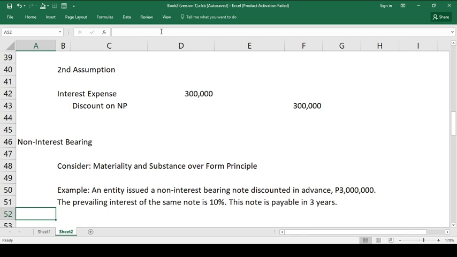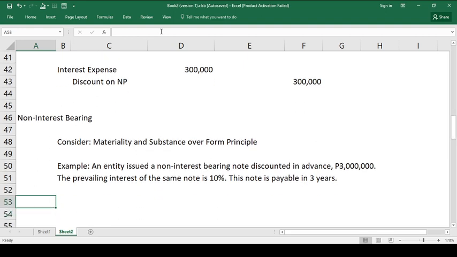Yung prevailing interest rate of the same note can be used in determining the discount on the note, yung non-interest bearing note. This note is payable in 3 years. Okay?